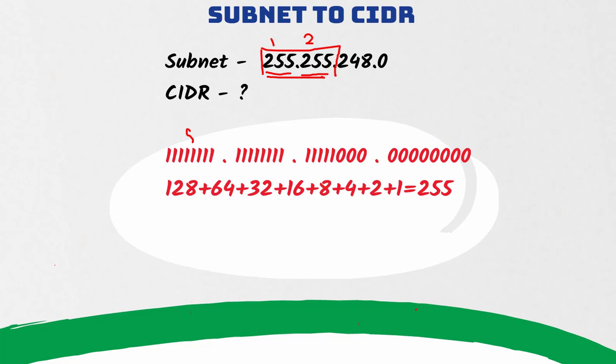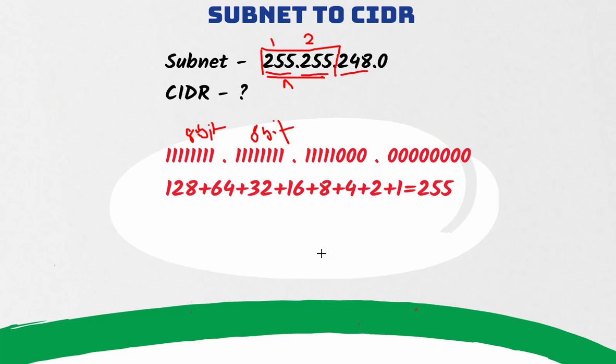So that means 8 bits are full. The next one is also 8 bits. These two are full. Now the change is happening here, at 248.